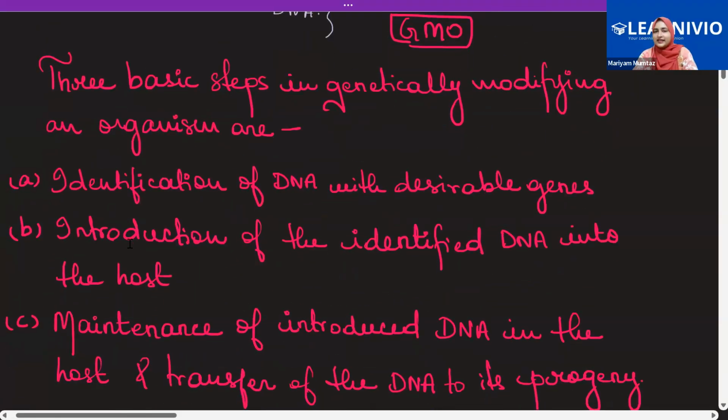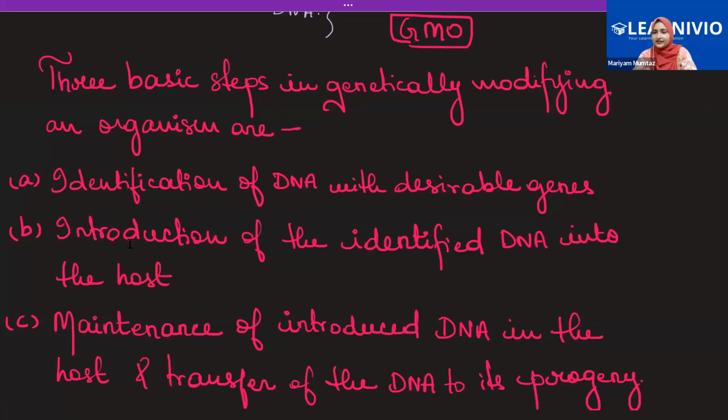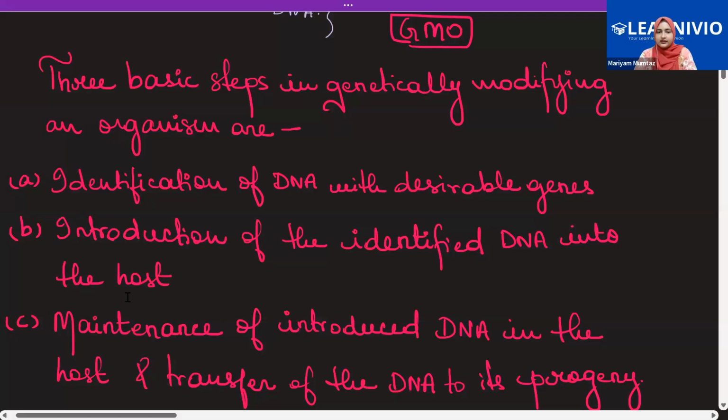So there are 3 basic steps in genetically modifying an organism. Okay, to modify the organism's genetics. First is... one second.